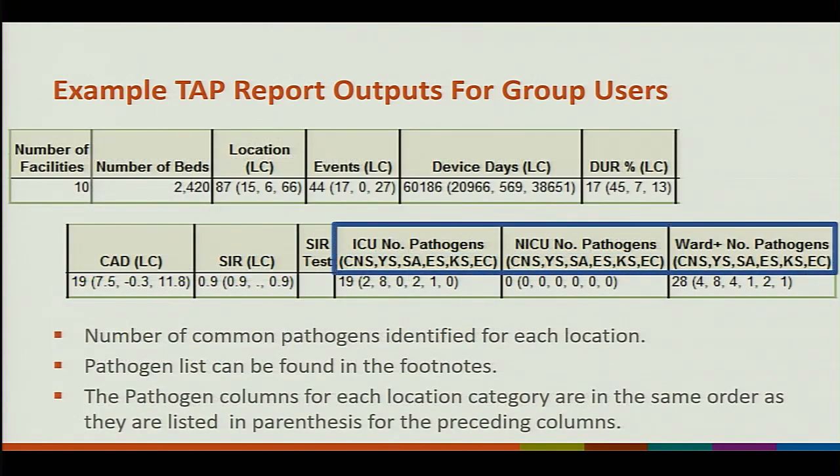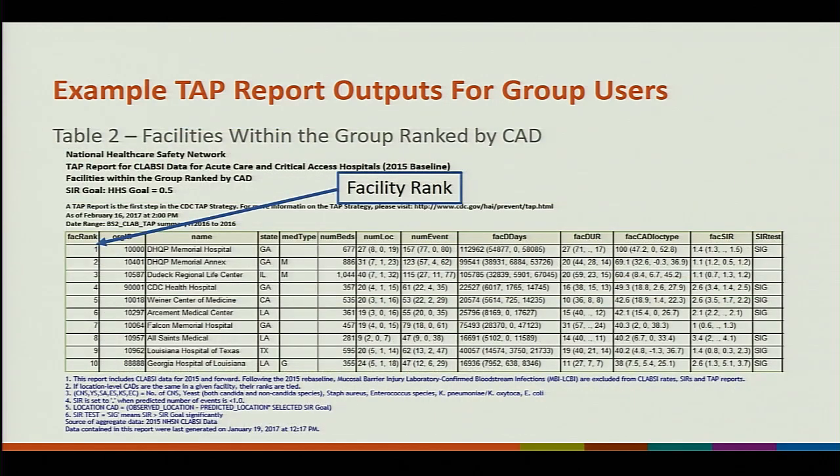All right. And then again, like I said before, those last 3 columns, our pathogen breakdown, show us the pathogens for each one of those locations. And it's also a key to remembering the order of the location categories for the previous columns. All right.